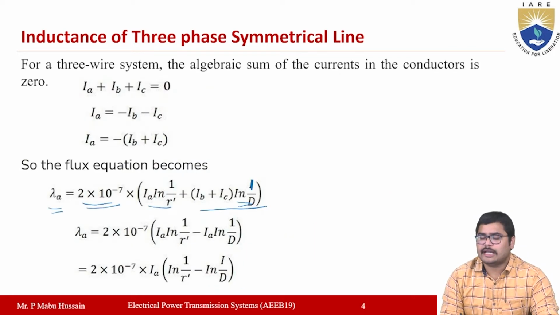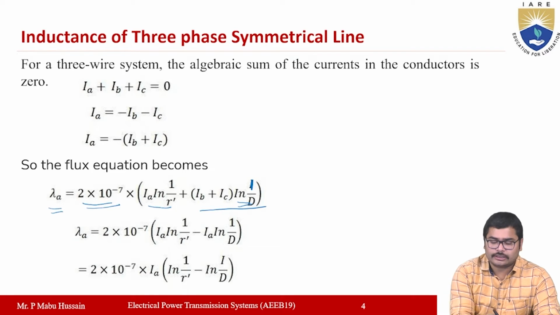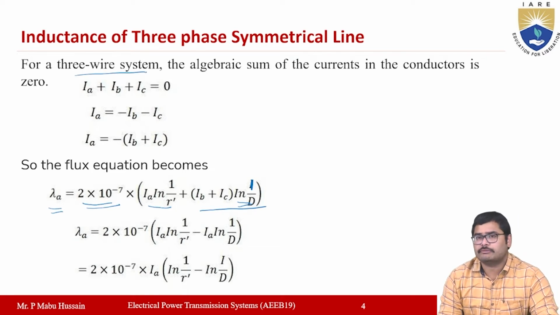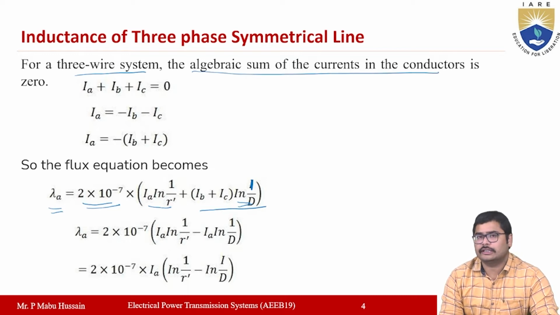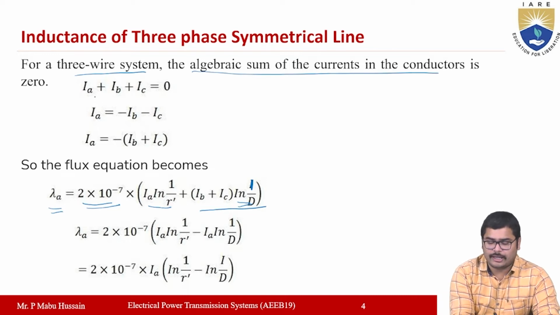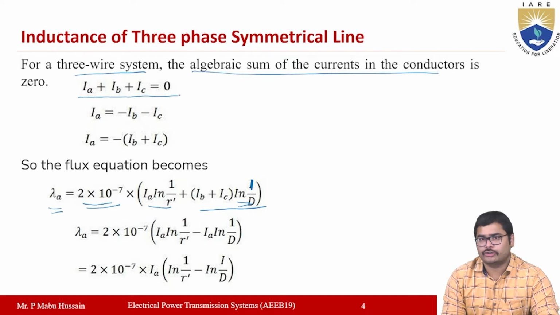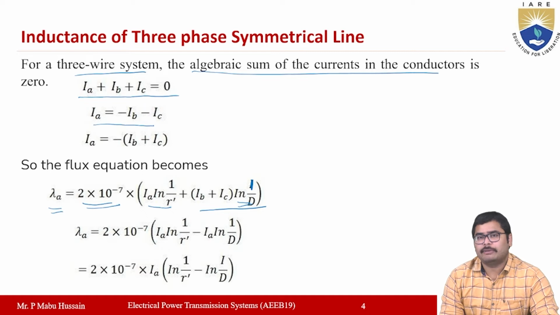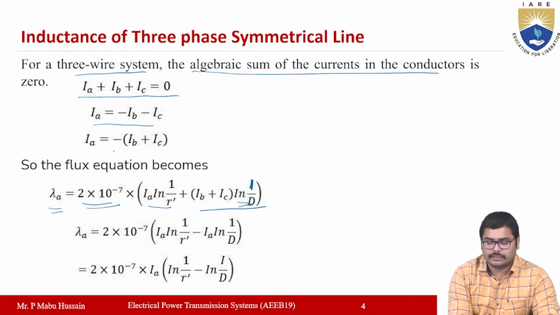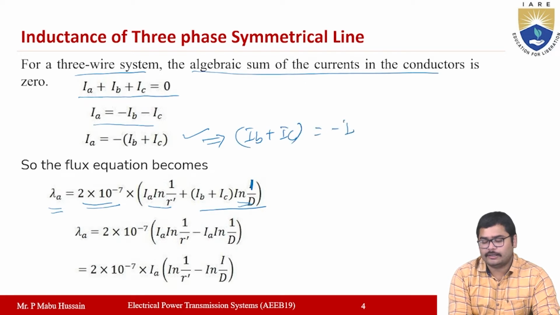As I already told, in a three-phase transmission line system the algebraic sum of all the currents flowing in the three conductors will be equal to 0, which is IA plus IB plus IC equal to 0. So IA will be equal to minus IB minus IC, or you can write IB plus IC will be equal to minus IA.